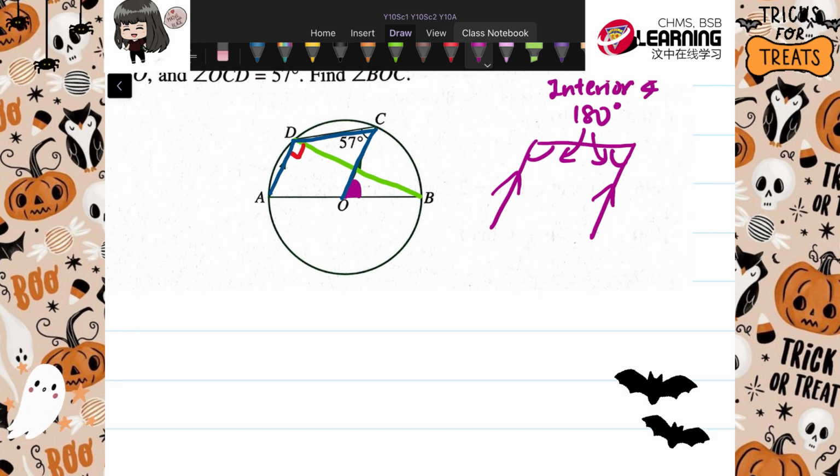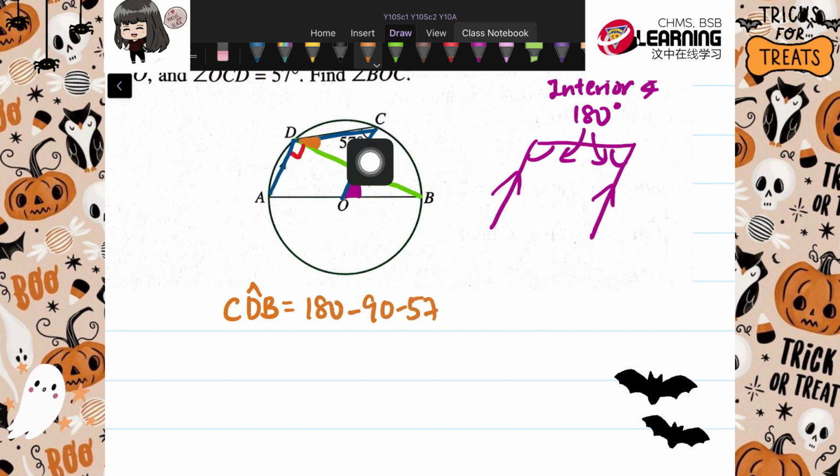So we find this angle first. This angle over here, I put it as CDB. So angle CDB will be 180 minus 90 degrees minus 57.